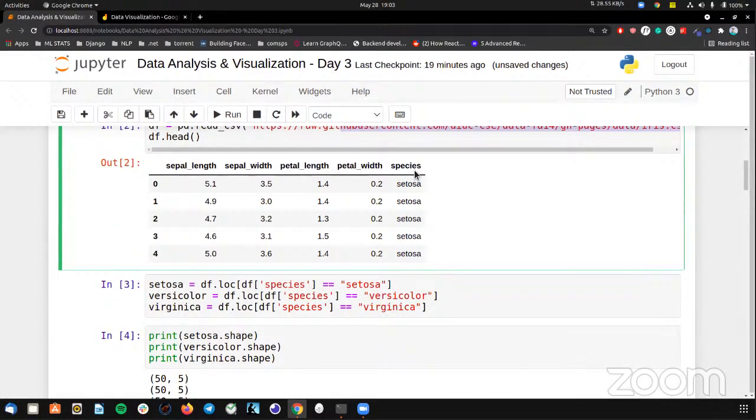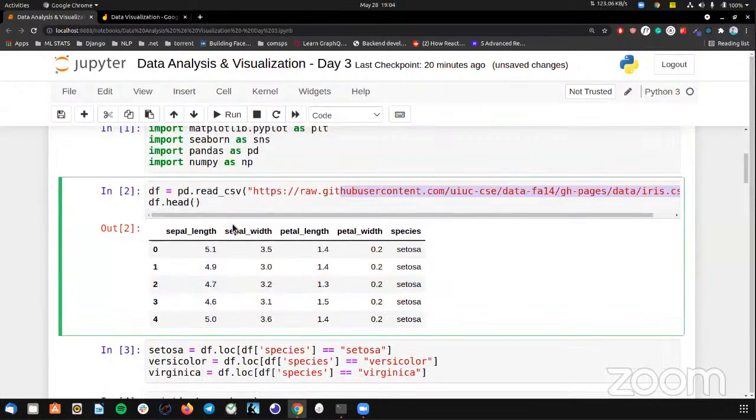We have 3 species in this data set: Setosa, versicolor, and virginica. According to these features, we are trying to determine which species each iris flower belongs to: iris setosa, iris versicolor, or iris virginica.